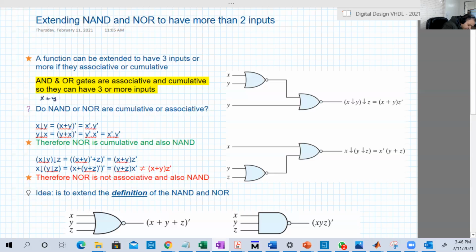For example, for AND or OR, X or Y equals Y or X. This is the commutative property.